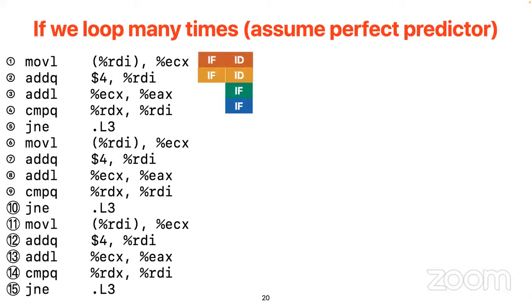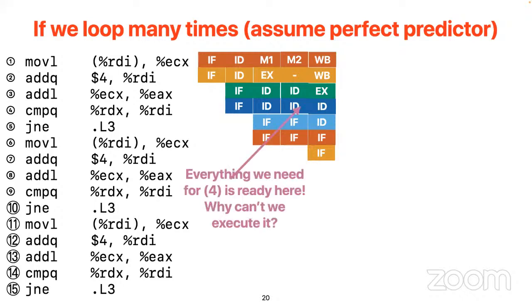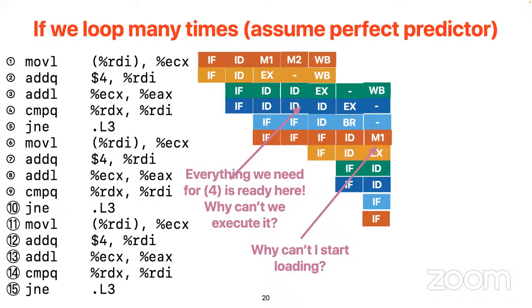So if we draw the pipeline diagram like that, then you will figure out that for this compare instruction, there is no reason why we cannot execute it, right? And if you keep going, right?